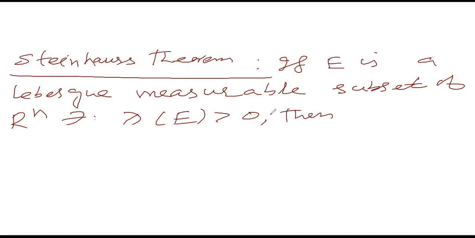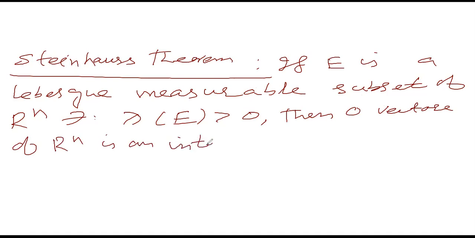the zero vector is an interior point of E minus E. It is called a vector because we are in Rn, so the points of Rn are called vectors.